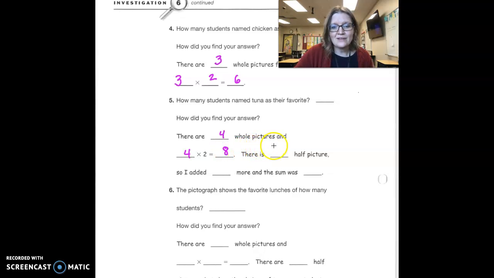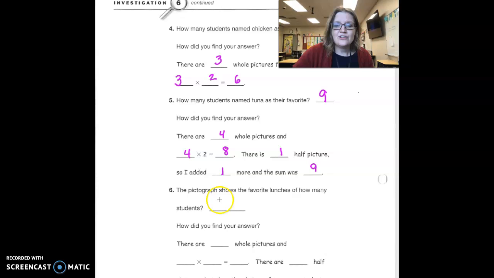And then half a plate, there is 1 half picture, so I added 1 more student because a whole plate, remember, represents 2. So a half a plate should be 1. And so when we add the 1 and the 8, our sum is going to be 9. So 9 students named tuna as their favorite.